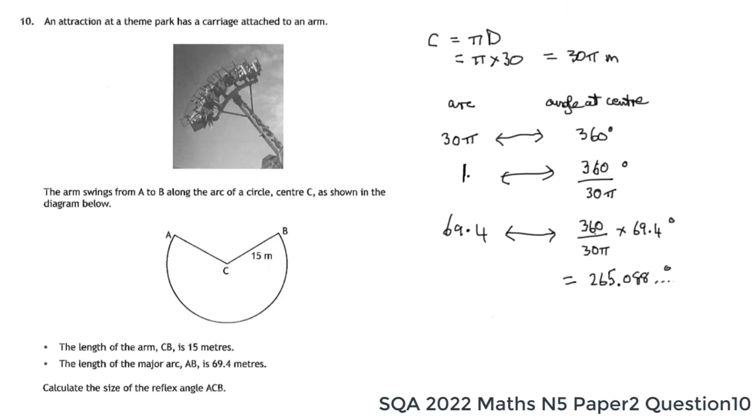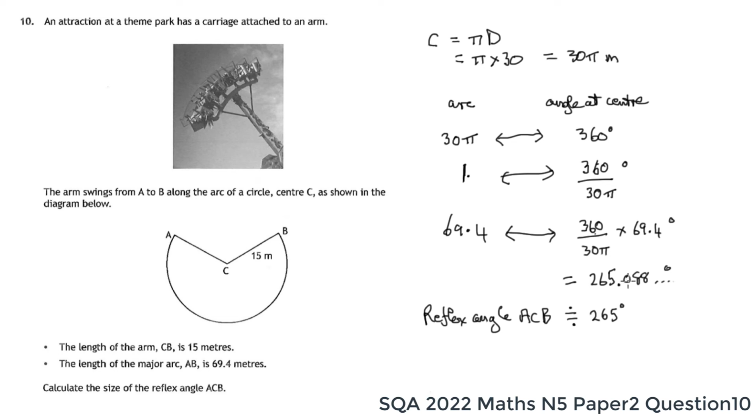So let's just look finally at the question. Calculate the size of the reflex angle ACB. That's what we've now found. So reflex angle ACB is approximately equal to, let's take it to the nearest degree, 265.